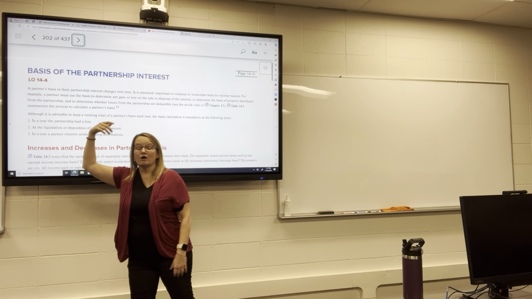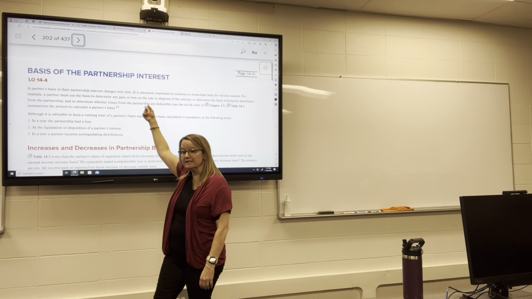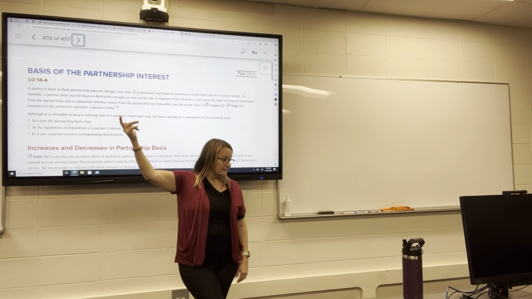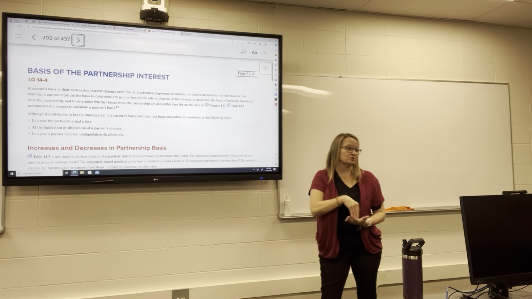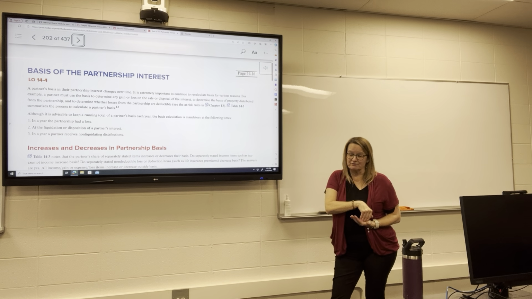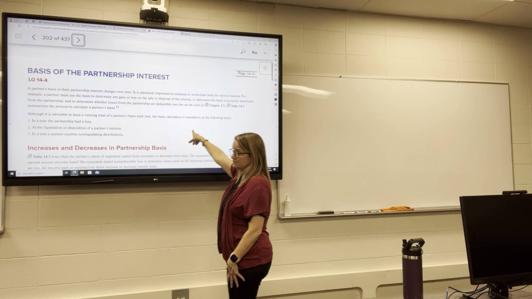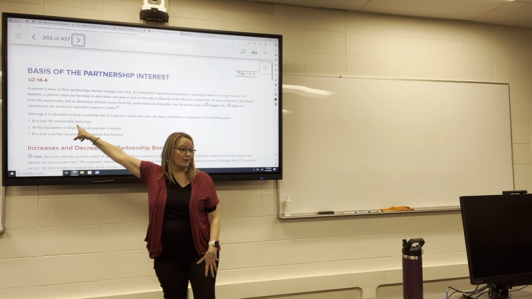Also, if our partnership experiences a loss, so if box 1 is a negative, so we had more expenses than we had income, in order to determine whether or not we get any tax benefit from that loss, we have to have basis. So if we have a loss, we've got to determine what that basis is.